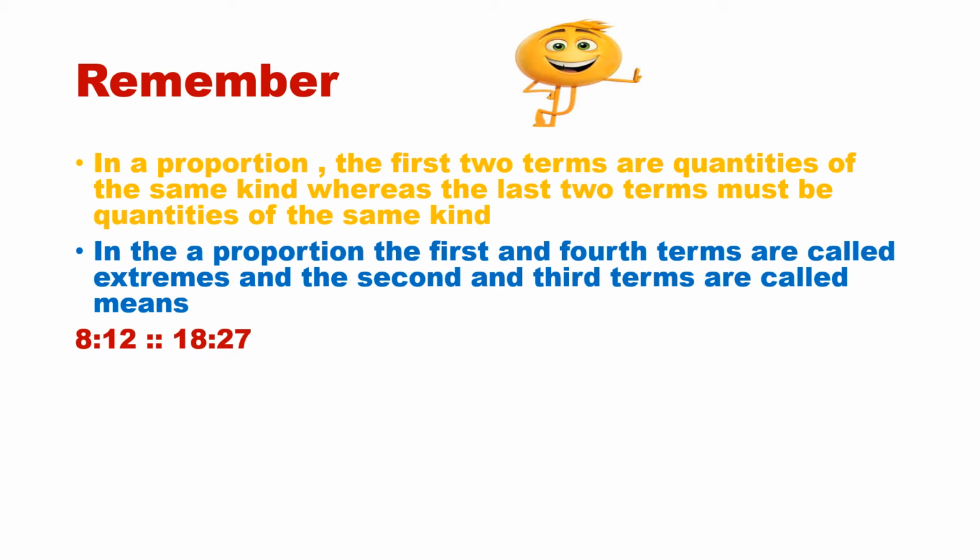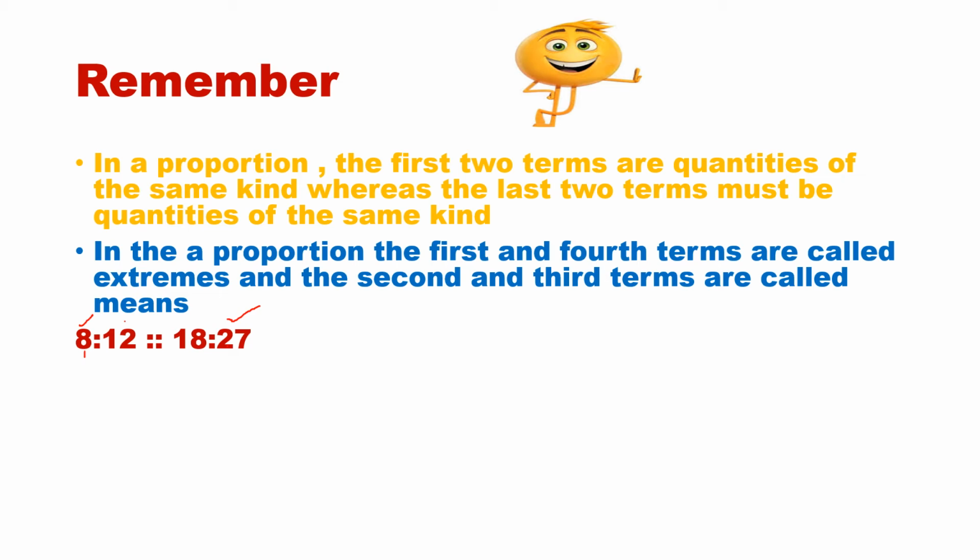Let us take an example. 8 is to 12 is to 18 is to 27. So these are the two ratios which are in proportion. They are proportional to each other. So these are the extreme terms. 8 and 27 are called the extreme terms.